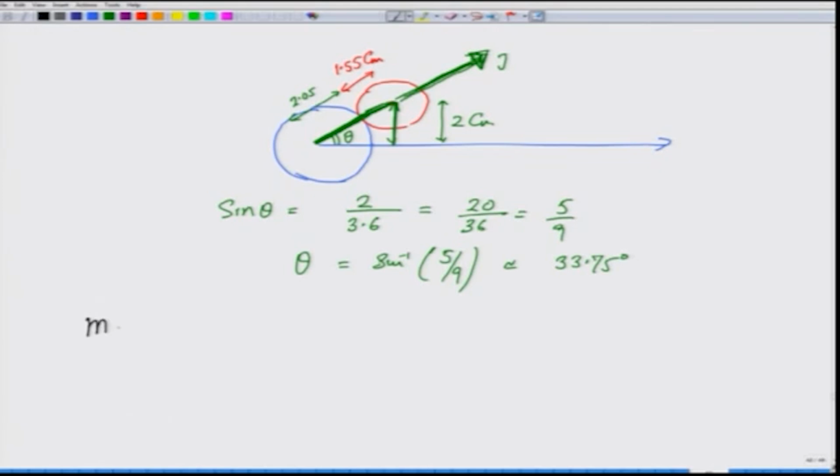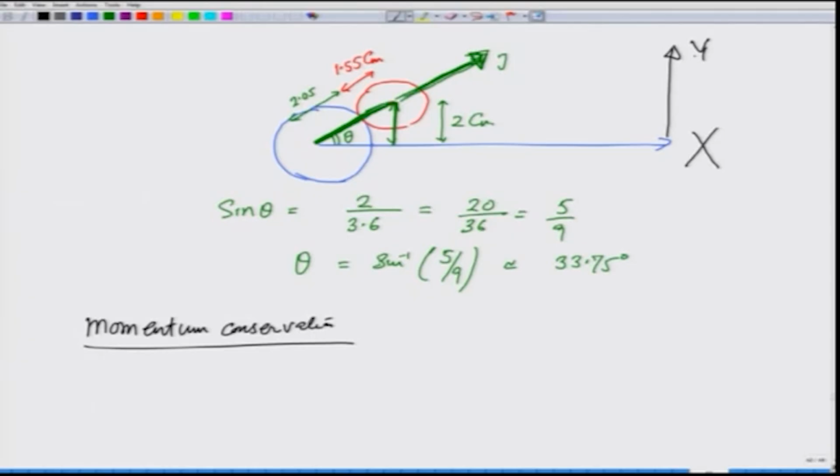Now, let us write the equations. Momentum conservation, which tells me that the momentum in both x and y direction is going to be conserved. Let me take this x and perpendicular direction to be y. So, initial momentum is 15 times 10 raised to minus 3. Since the units of mass are going to be grams all throughout, I do not have to write minus 3 here.